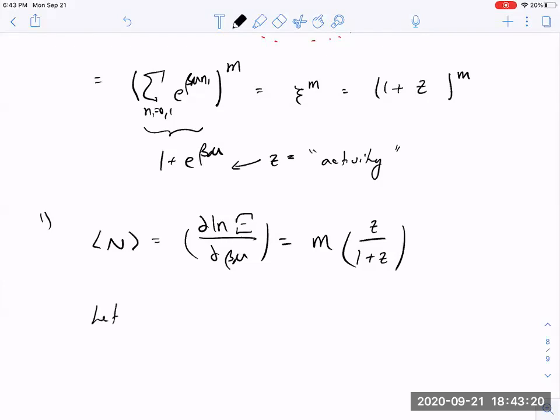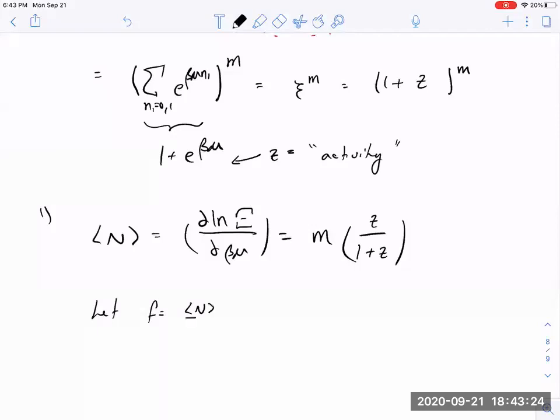If we let f be the fraction on average of occupied cells, average N over M, I can move this M to the left, and I find that f is nothing but z over 1 plus z, which lets me solve for z in terms of f, which is just f over 1 minus f.